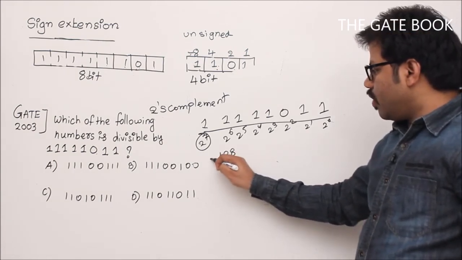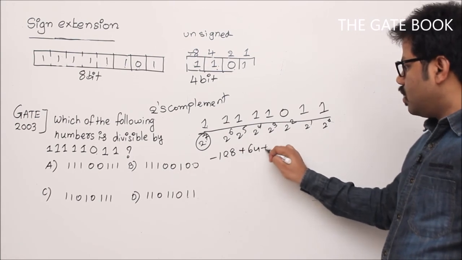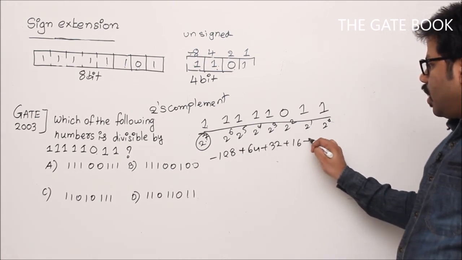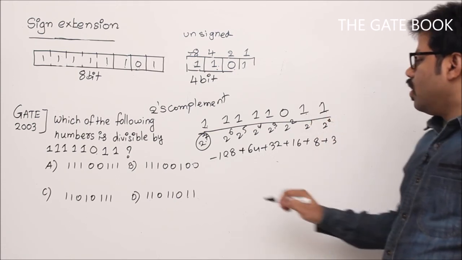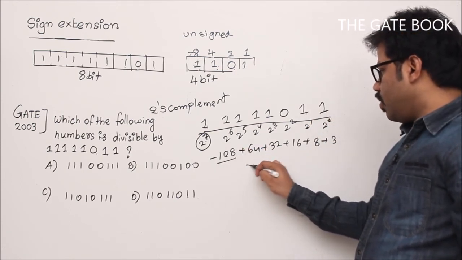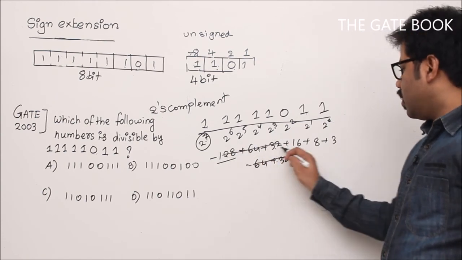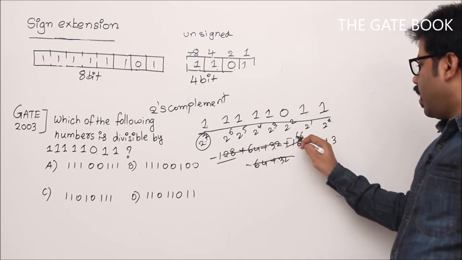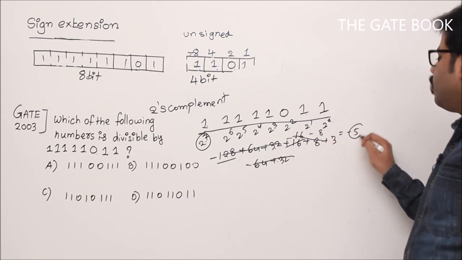Minus 128, because of the negative weightage, plus 64 plus 32 plus 16 plus 8 plus 2 plus 1, which is 3. Now if you simplify: minus 128 plus 64 minus 64, plus 32 minus 32, minus 32 plus 16 minus 16, minus 16 plus 8 minus 8, plus 3, minus 5. Finally you end up with minus 5.